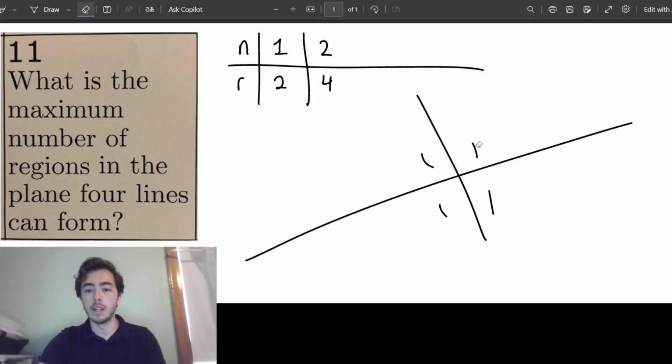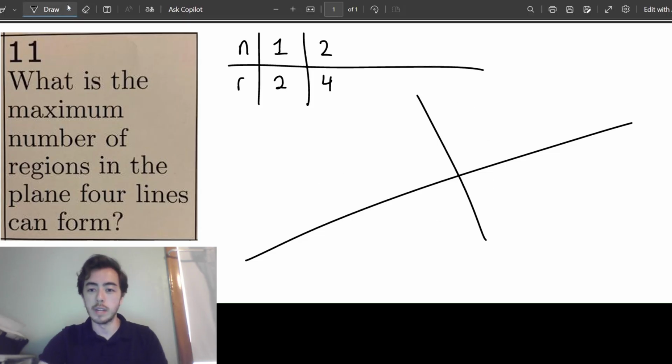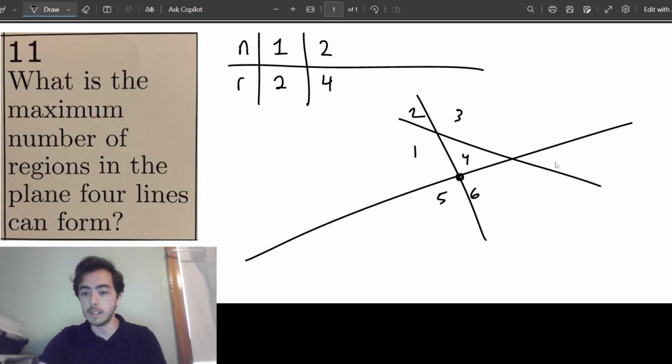And then finally, if we try doing neither of those bad things, we would get this setup where I'm not intersecting the existing intersection and it's not parallel to either. And we get 1, 2, 3, 4, 5, 6, 7. So the strategy of not overlapping existing intersections and not being parallel to existing lines seems like, at least for now, a good generalization that helps us form the best scenario.